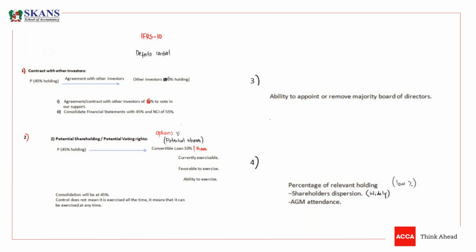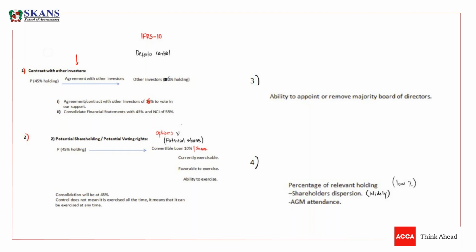So this is again a standard. So let me revise this concept, guys. Look, the first situation when you don't have 50% and still you have control is that you have a contract with other investors.